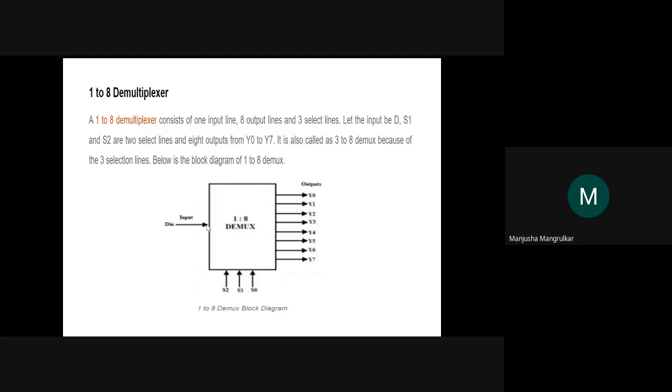So the data will depend upon the condition of the selector lines, on which line has the input data, right? With 3 lines there are 8 combinations, and those 8 combinations will represent the data on the respective output signals. So this is a 1 is to 8 DMUX.